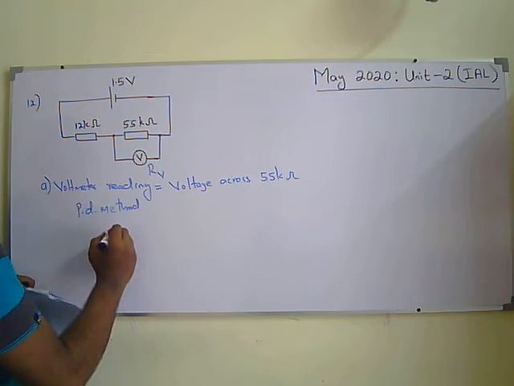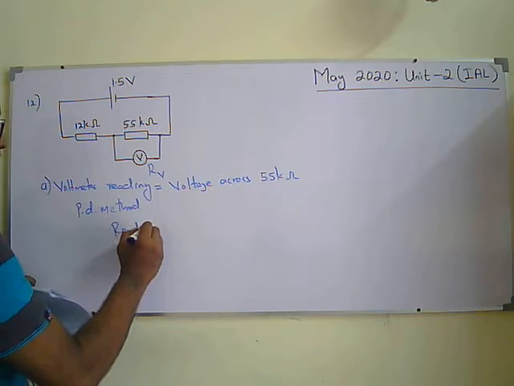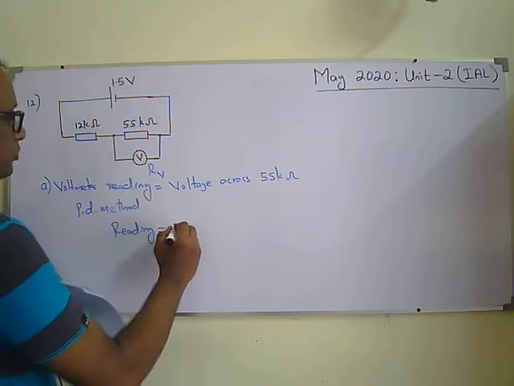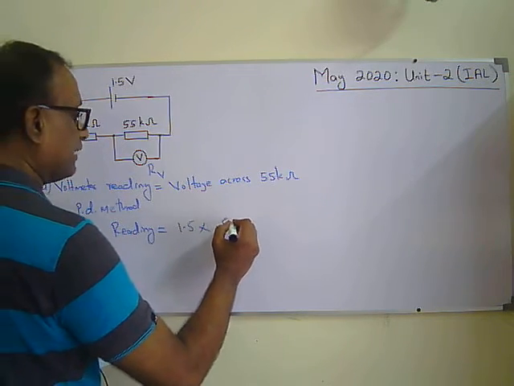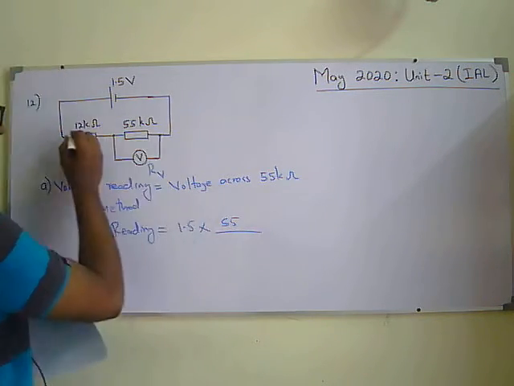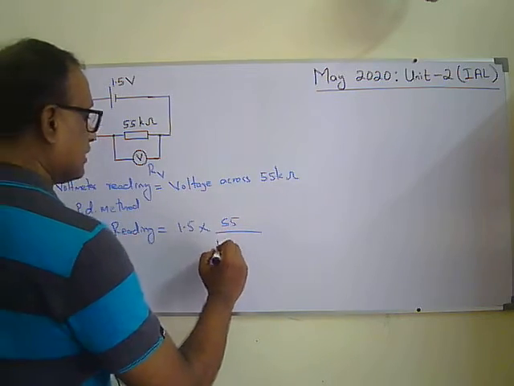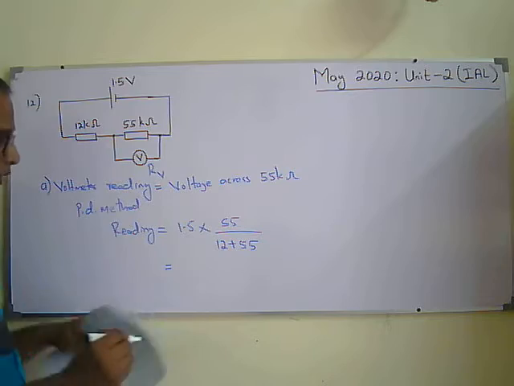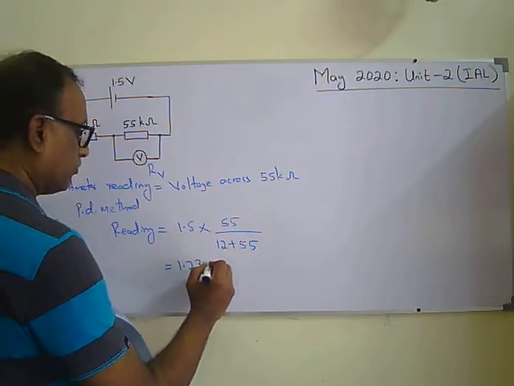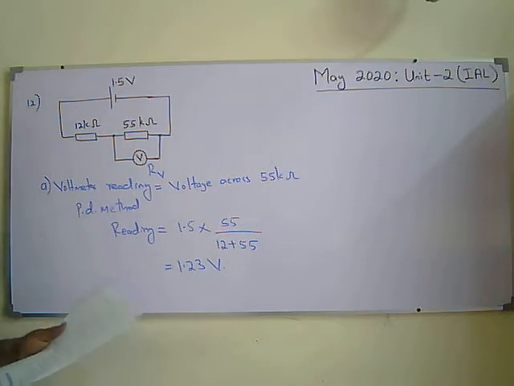The voltmeter reading will be the total applied voltage 1.5 times the resistance 55. I'll keep it in kilo ohms because both are in kilo ohms. Total resistance 12 plus 55. So the answer will be 1.23 volt. That's the reading of the voltmeter.